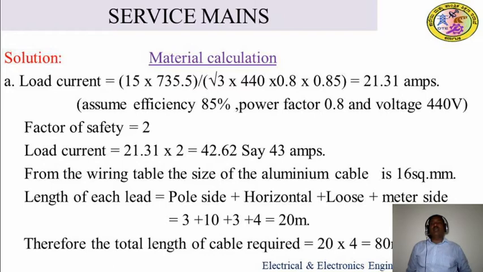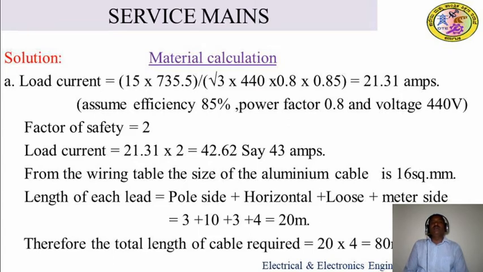So when I take I to the left side, automatically the efficiency comes to the numerator. Therefore the load current is equal to the given load divided by root 3 into V into cos phi into efficiency. Whatever assumed values we have taken, you have to put in the formula.